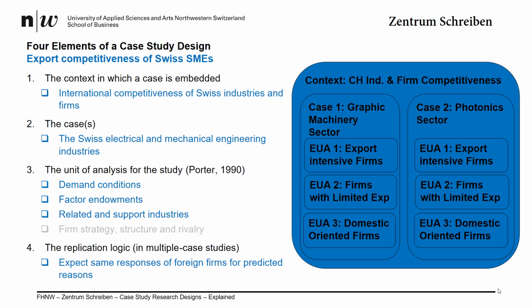When, for theoretical reasons, however, we have expectations that we would find different findings for predictable reasons for our different cases, we have what we call a theoretical replication logic.